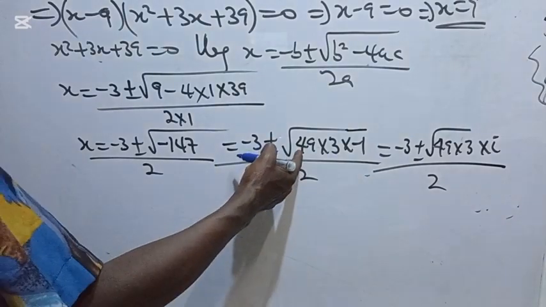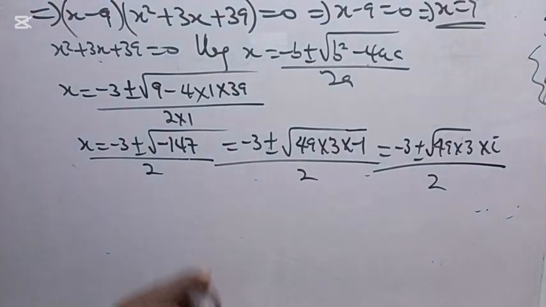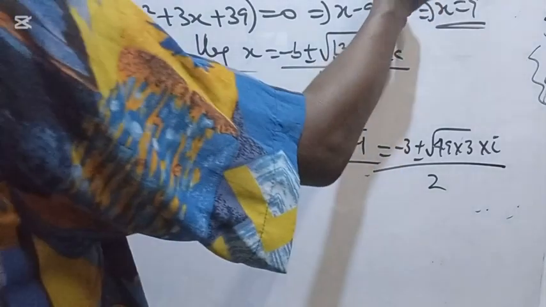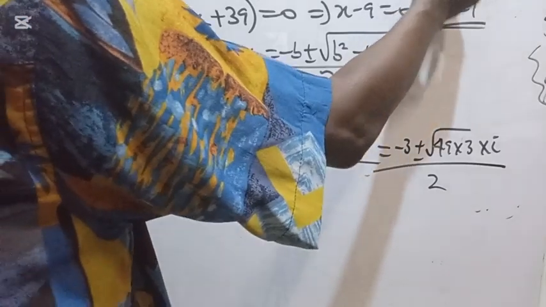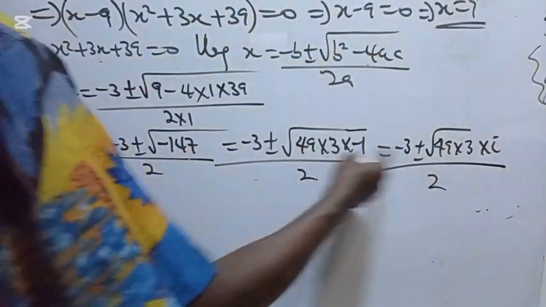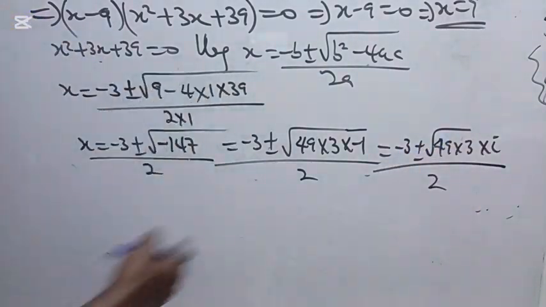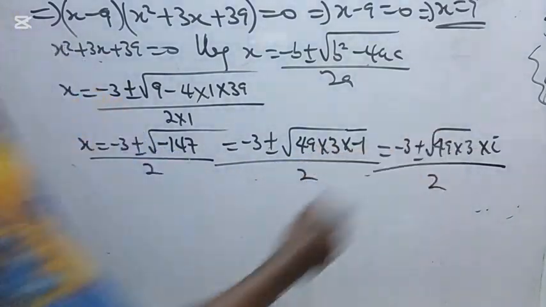It means square root of 49 times square root of 3 times square root of minus 1. And in complex numbers, don't forget, root minus 1 is equal to i. Can you still remember that? So in complex numbers, root minus 1 is equal to i. That's why we wrote it there like that. So i will be there. It will not be inside the square root again, because root of minus 1 is i.